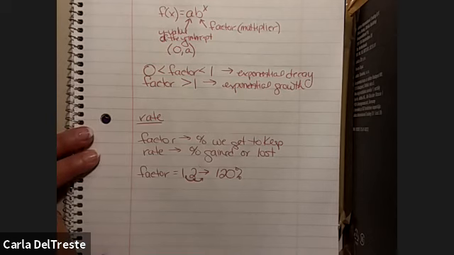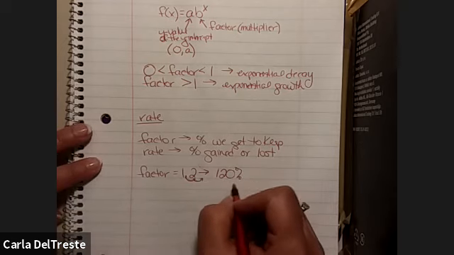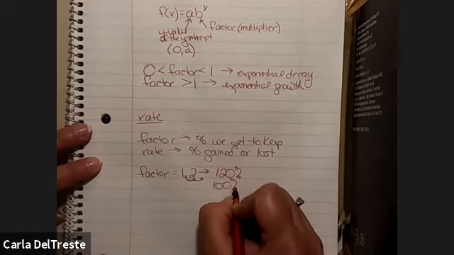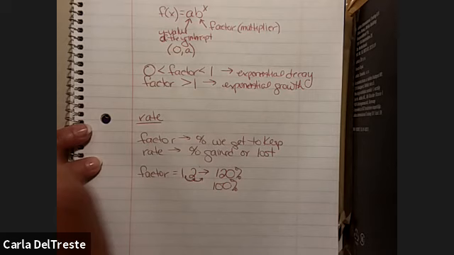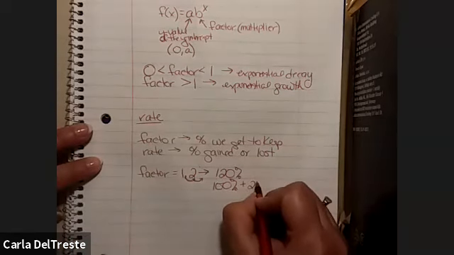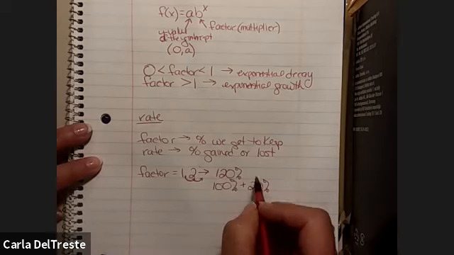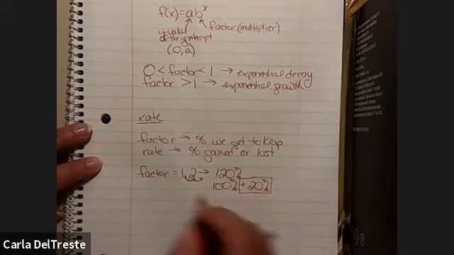I don't want to know how much we keep. I just want to know what the gain is. So what we do is we take 120 and we say, well, 120 is the original 100% that I had, plus another 20%. And so this part is the gain.